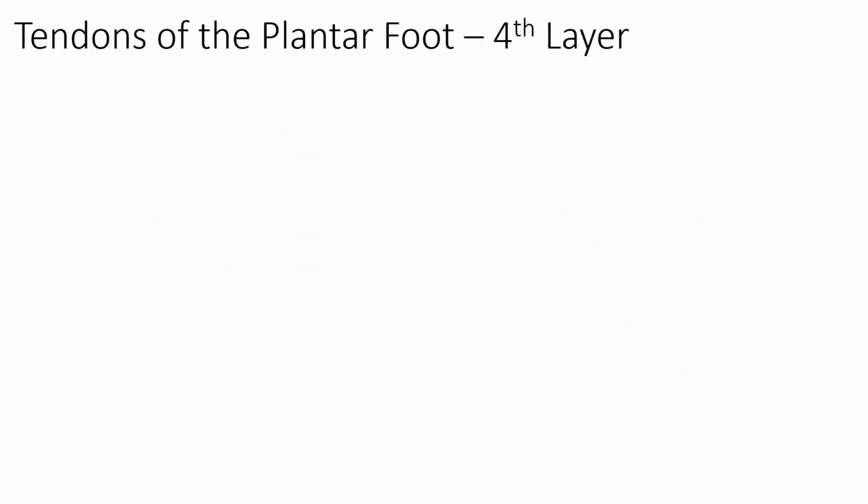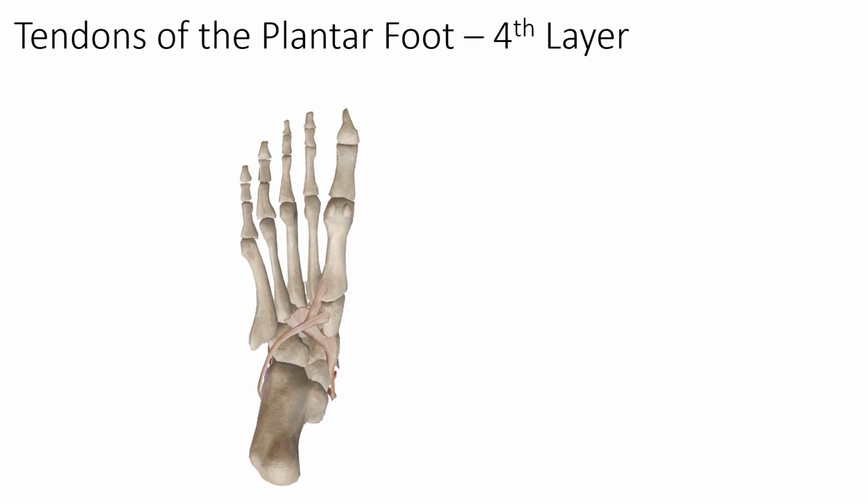Muscles of the fourth layer, and remember our fourth layer will have 2 muscles and 2 tendons. So let's talk about those 2 tendons. Looking at the plantar surface of the foot, we can see our tendon of the tibialis posterior coming in. As a reminder, that's our Tom of Tom, Dick, and Harry.